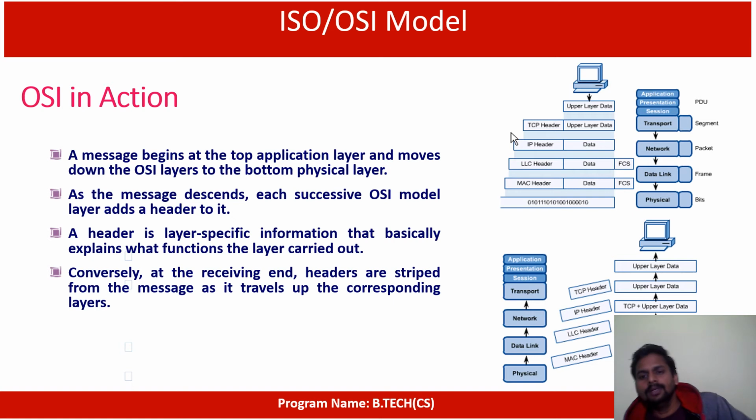Nothing much will happen in the session, presentation, and application layers. These three layers are simply there, because they deal with the packet of information only. But the transport, network, data link, and physical layers, these four layers deal with some protocols and header information.